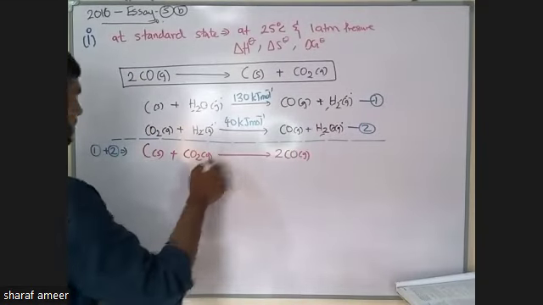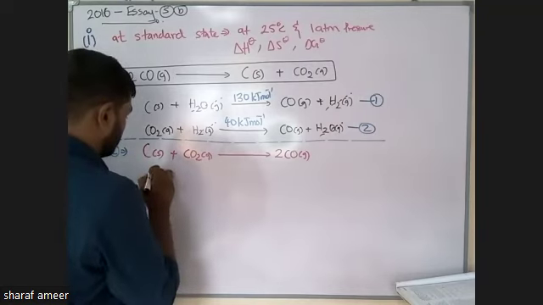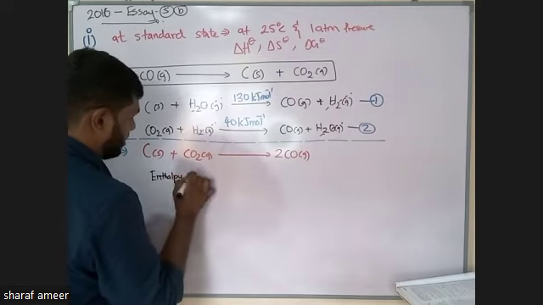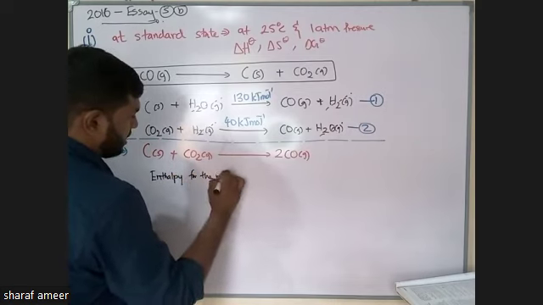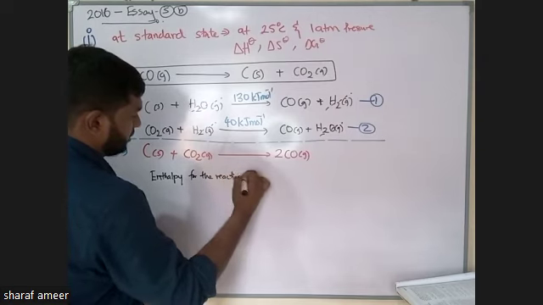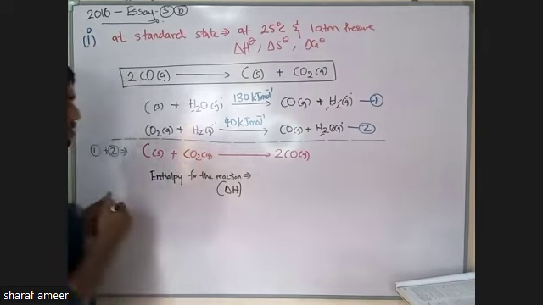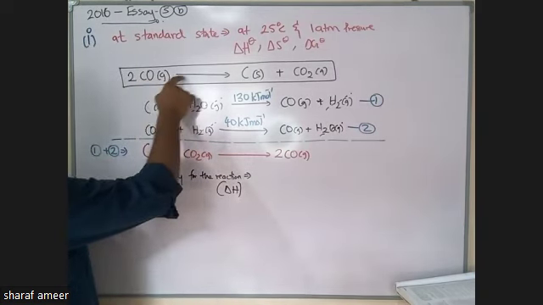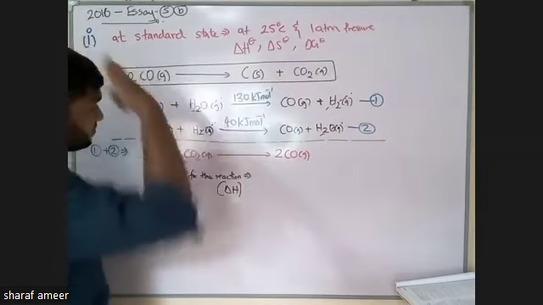So first we have to find out what is the enthalpy for this here. So enthalpy for the reaction is equal to delta H. Now see, 2 moles of carbon monoxide gas gives 1 mole of carbon solid and 1 mole of carbon dioxide.